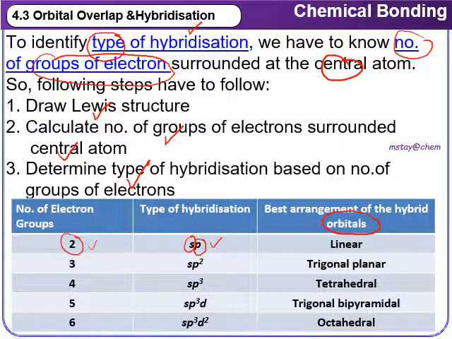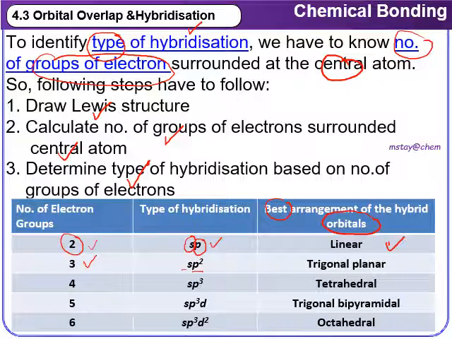So when you have 2 electron domains, the best arrangement will be linear. If you have 3 electron domains, basically we need 3 orbitals: one s orbital and another 2 p orbitals.